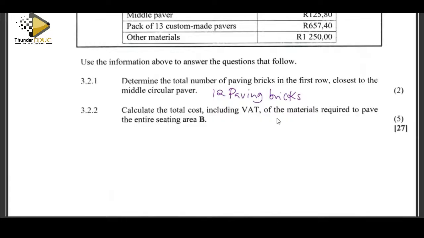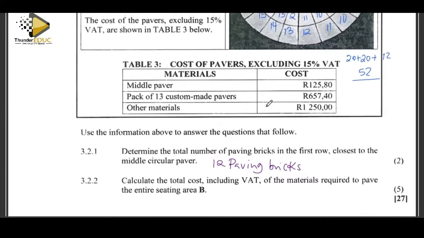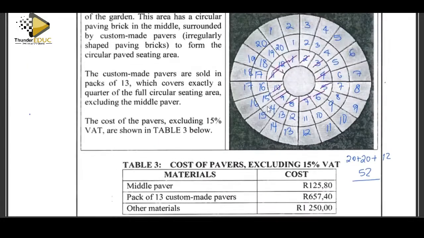Then calculate the total cost, including VAT, of the material required to pave the entire sitting area B. What we're going to do is find out how many we need. These smaller ones are 12. The second row, they are 20.